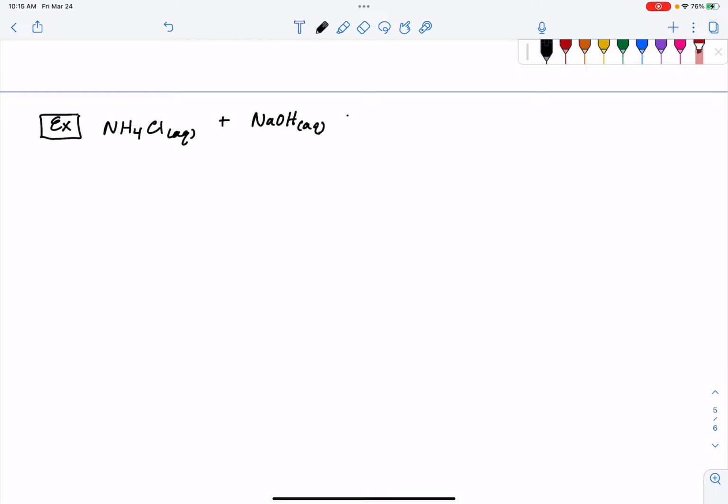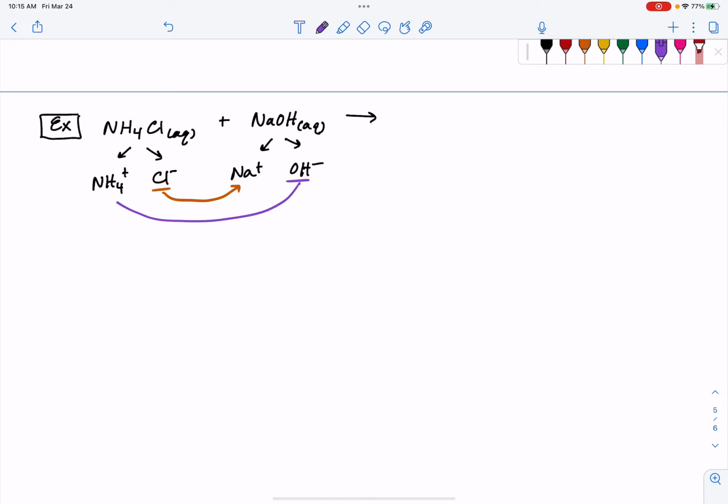And just like I did with precipitation, I'm going to split each of these up into their respective ions so that I can very neatly predict what my double displacement products are going to be. So my anions are now going to associate with the opposite cation.